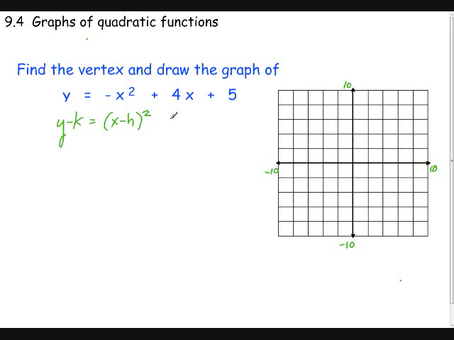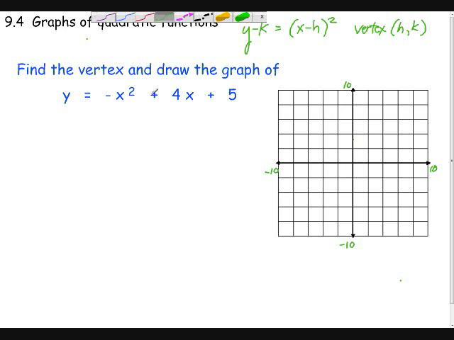And the vertex has the coordinates h for the x-coordinate and k for its y-coordinate. So this is the vertex form, and we haven't spent any time on it. I actually didn't plan to, but it occurred to me that this might be rather interesting. So I'll record it, and any of you who are interested will be watching it. Maybe that's no one. Oh well, so maybe I'm out here all by myself.